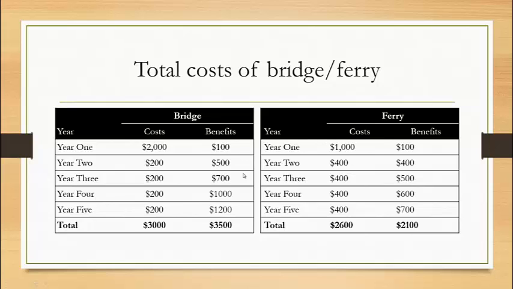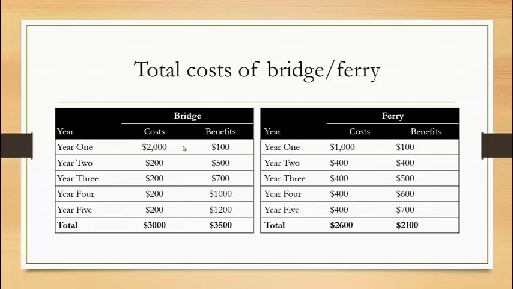And so if we were taking these examples and trying to make a decision with them, the answer using cost-benefit analysis would be to pick the bridge, right? Because even though the initial cost is higher, or the costs overall are higher, the benefits are also higher, and the benefits exceed the costs.